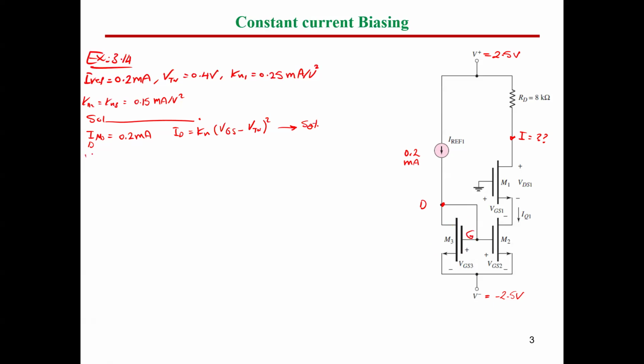So we have VDS equals VGS in MOSFET number 3. So this means it has to be in the saturation region. And this is what we discussed in the previous class.